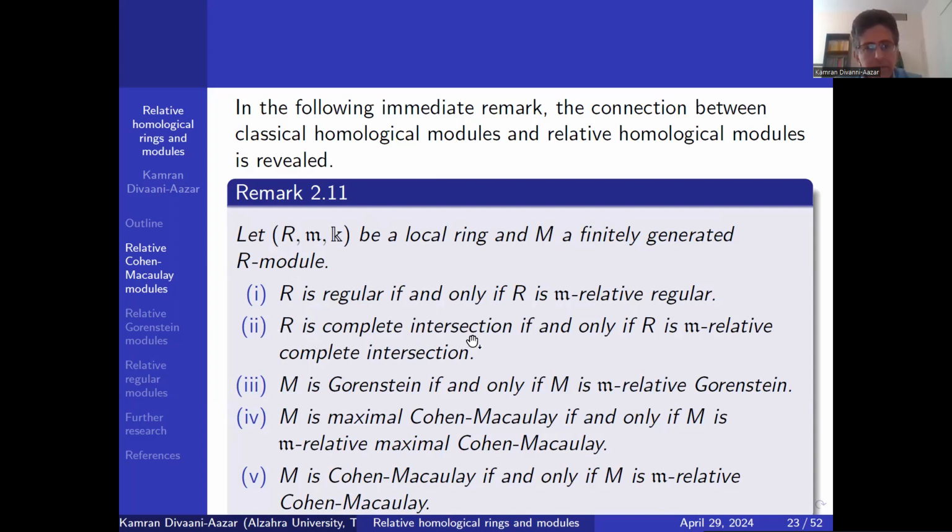R is complete intersection if and only if R is M relative complete intersection. R is Gorenstein if and only if R is M relative Gorenstein, and M is maximal Cohen-Macaulay if and only if M is M relative maximal Cohen-Macaulay. And finally, M is Cohen-Macaulay if and only if M is M relative Cohen-Macaulay.